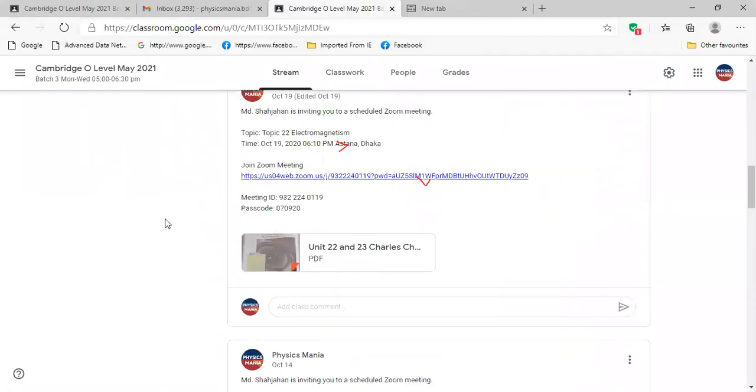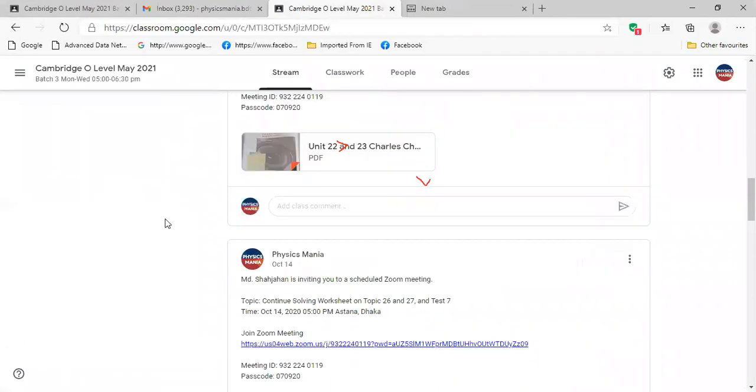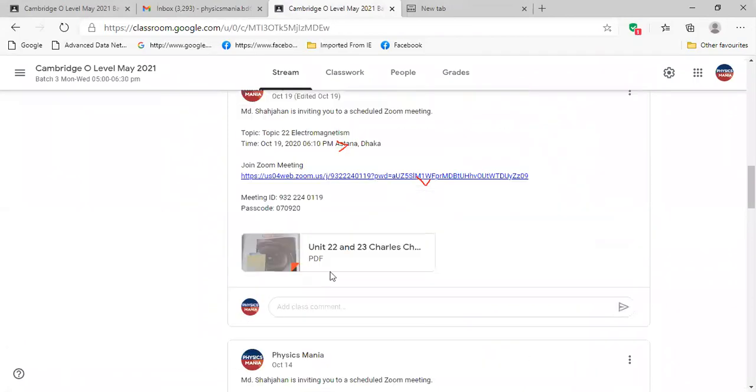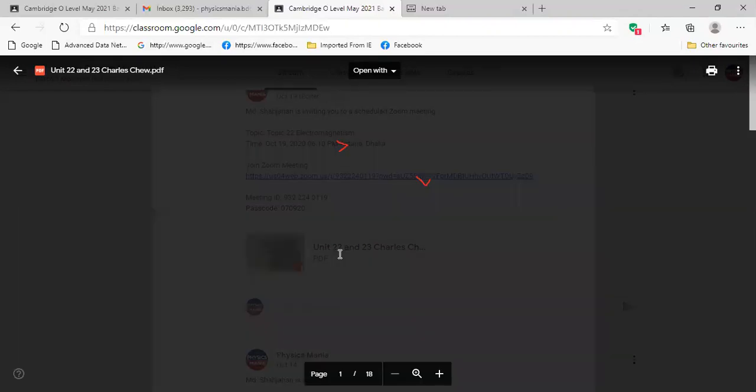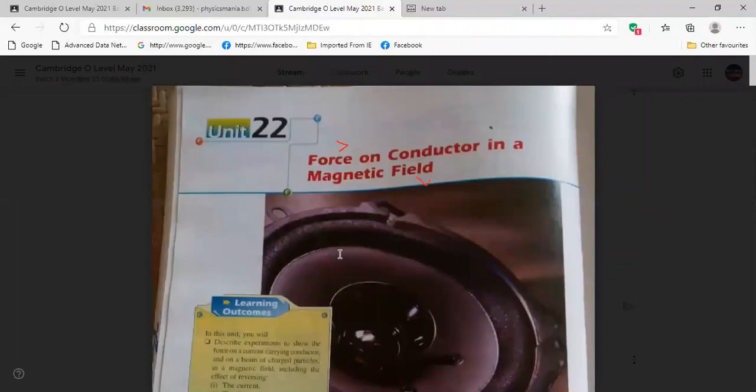We are going to do topic 23 now, electromagnetic induction. Last class we only did Lenz's law.